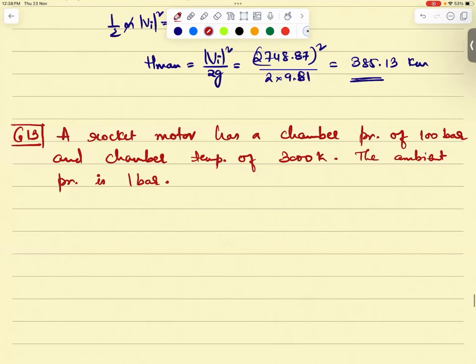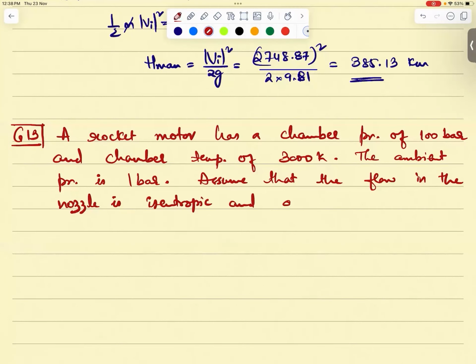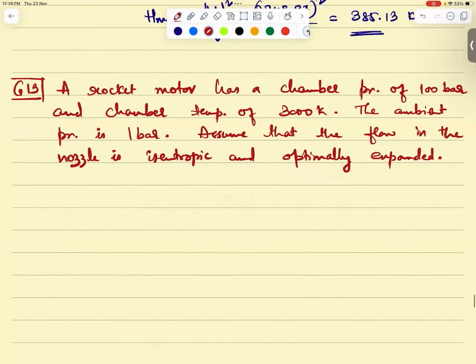Assume that the flow in the nozzle is isentropic and optimally expanded. The exit static temperature in Kelvin is ______.